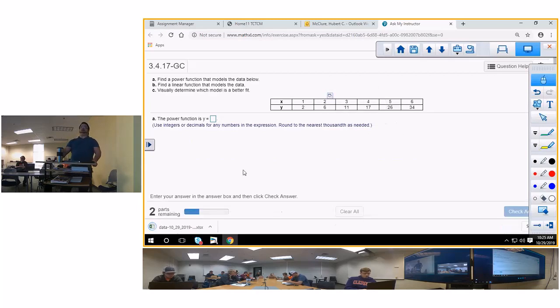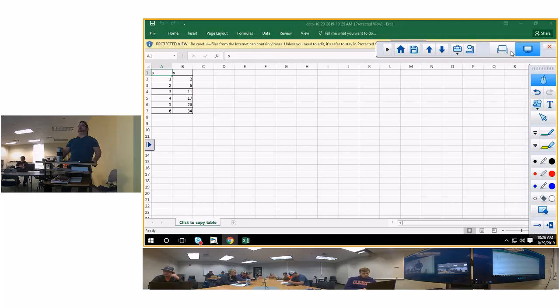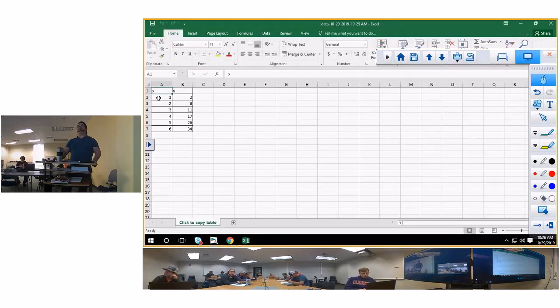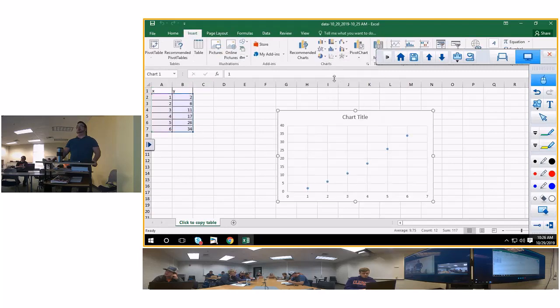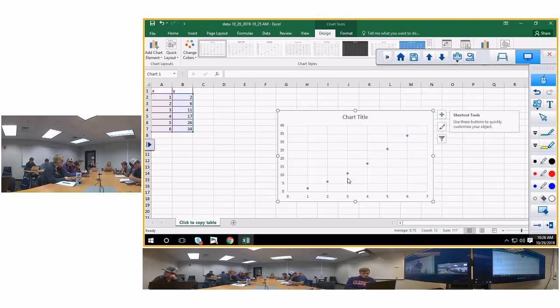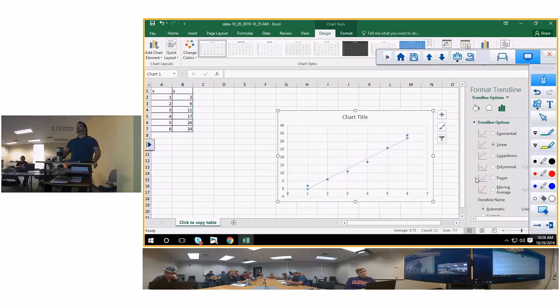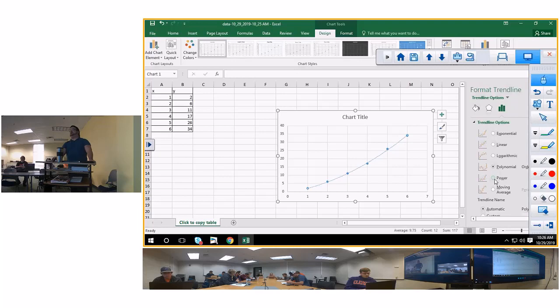So I'm going to copy it over, and then I'm just going to show you what the answer is. So copy, insert, and right click, add trend line, and is it a polynomial? I think it said power function. Okay, there's the power function, and we're going to add it.